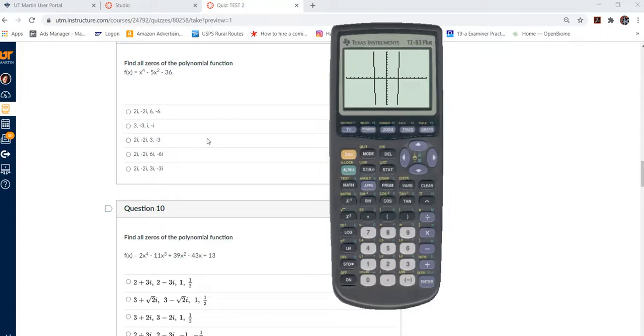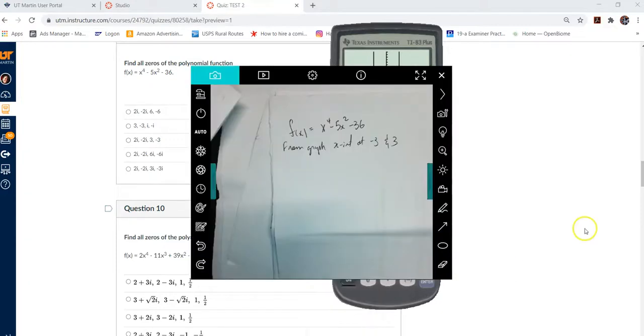So we have f of x equals x to the 4th minus 5x squared minus 36. And we see from the graph we have x-intercepts at -3 and 3. And so we have zeros of -3 and 3.